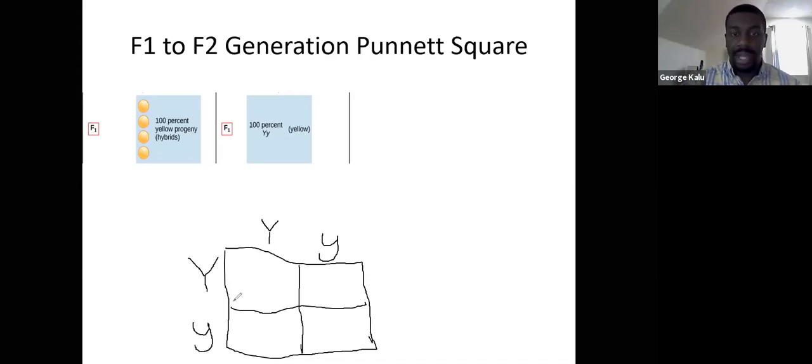Okay, so now we'll go ahead and do our Punnett square here. What should we end up with in this first box? Right, big Y, big Y, perfect. Then in this top right box, big Y, little y.